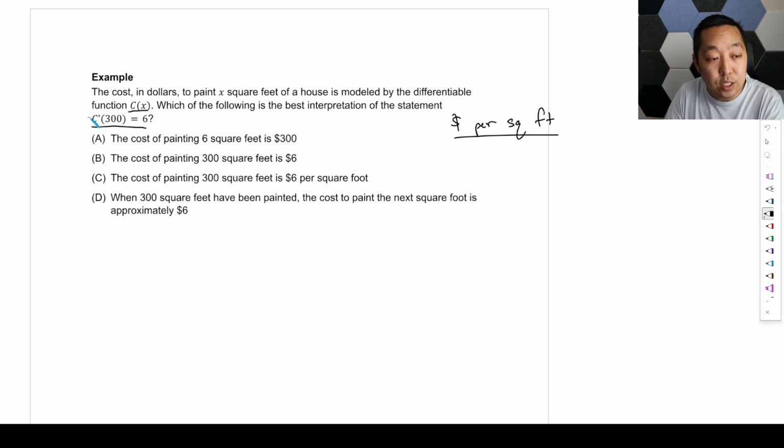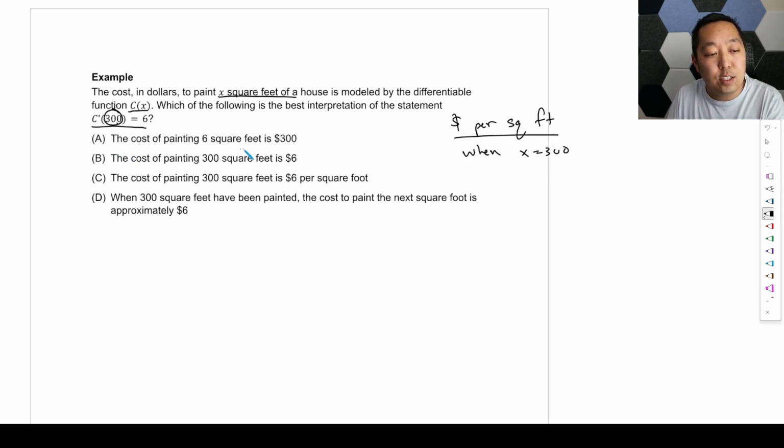So that's a function. And the x variable here is in square feet. So dollars per square feet. And it's going to be when x equals 300. When this is 300, right? That's at that moment in time. It's when the house is at 300 square feet.